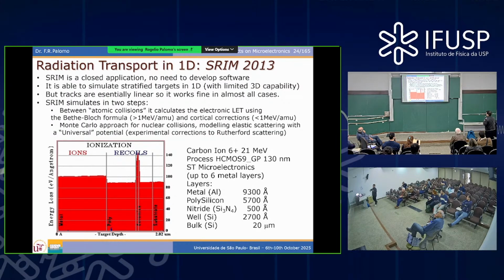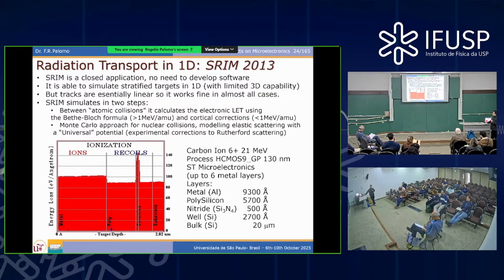This is a typical SRIM simulation to know the amount of charge deposited in the substrate, but you have to consider that the particle has to cross a lot of metallizations. I showed you the layout of a master flip-flop, and basically it was covered by metals. Okay, so you need to model this.